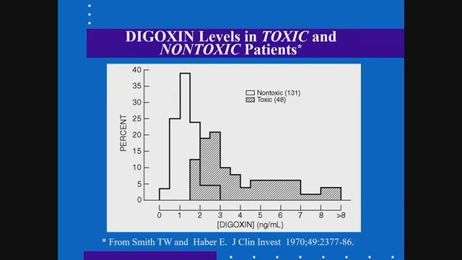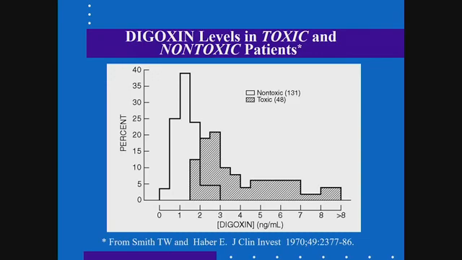This was a study conducted in Boston by Dr. Smith and Haber in patients that were being treated with digoxin because they had either congestive heart failure or atrial fibrillation requiring rate control.